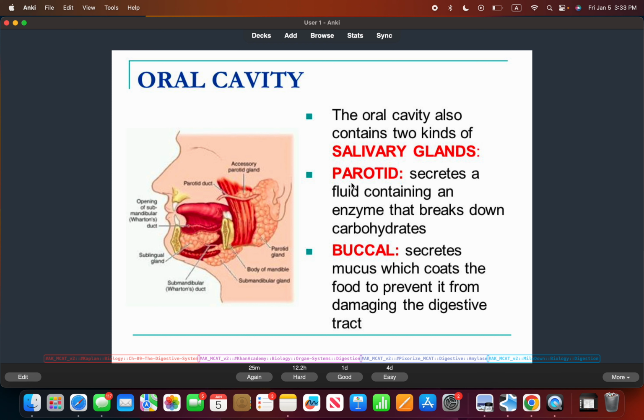What's the difference? Parotid has enzymes that break down carbohydrates, and buccal secretes mucus, which coats the food to prevent it from damaging the digestive tract.